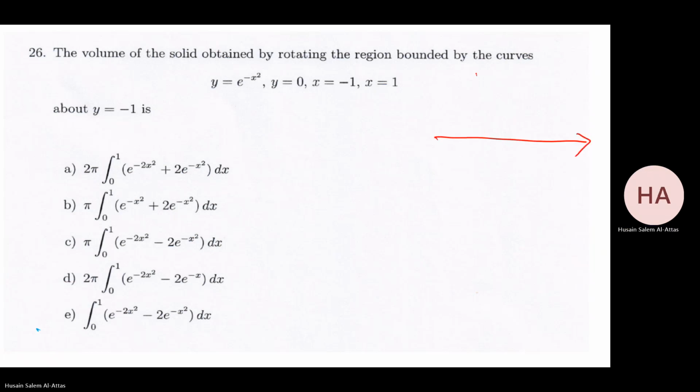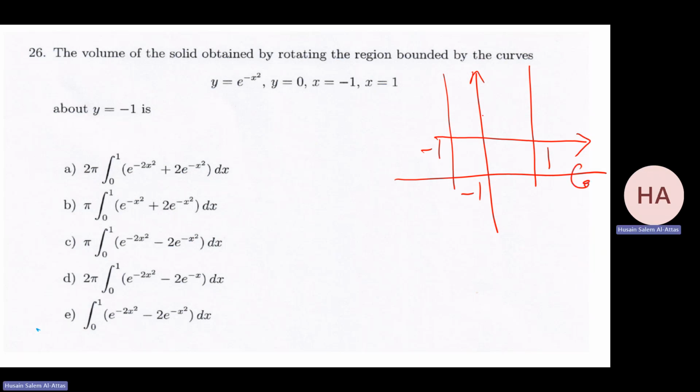I have x equals minus 1, this is x equals minus 1, this is x equals 1, and this is my axis of revolution. The function is somewhere here, it's positive, and I also have the x-axis. So the function actually will do something like this.